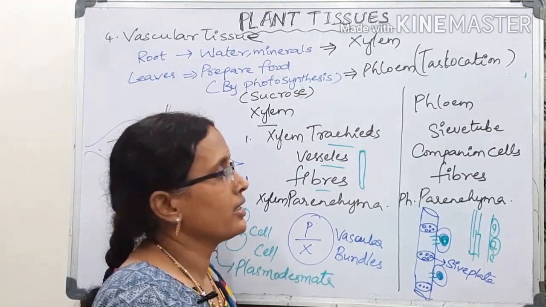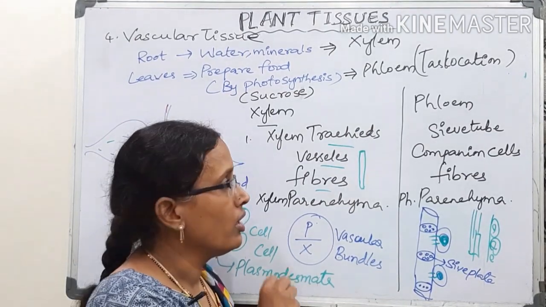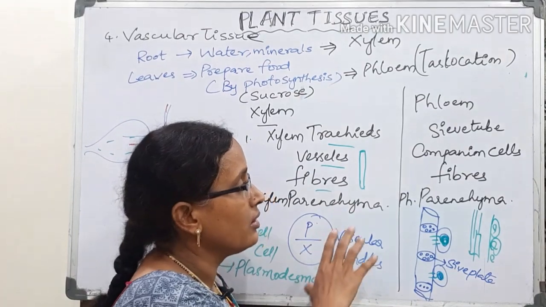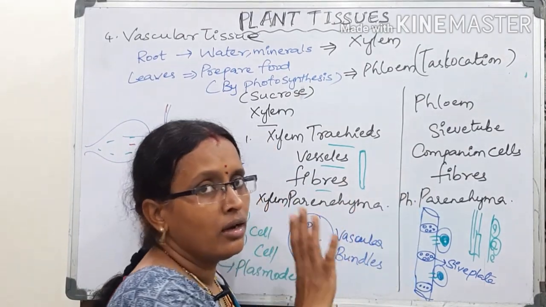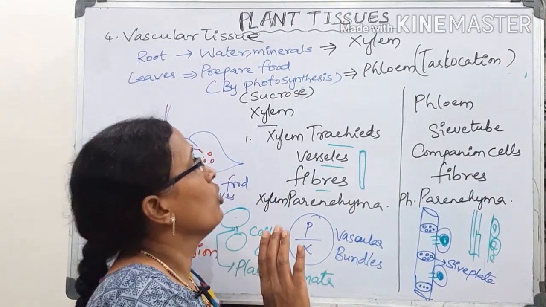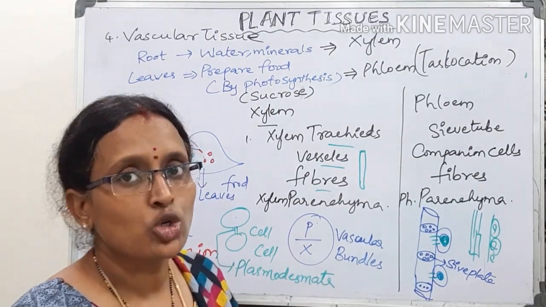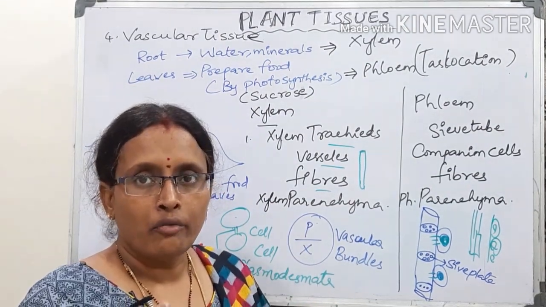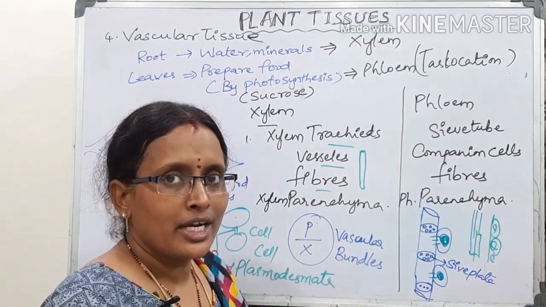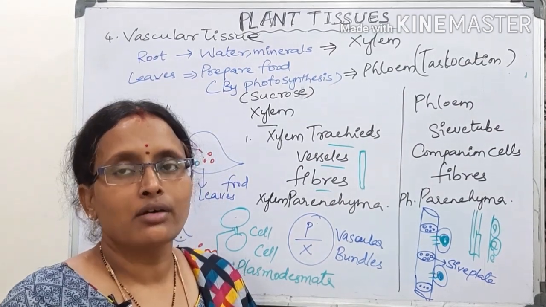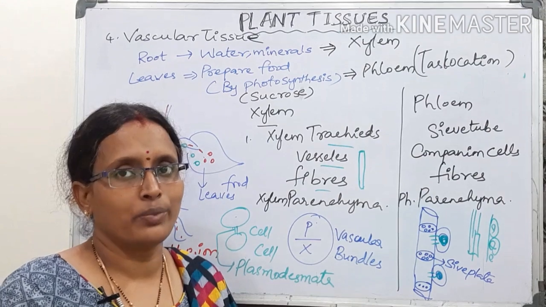These are the components in the vascular tissue. Vascular tissue helps in the translocation of food and water. Xylem transports the water and ions, whereas the phloem transports the food materials.